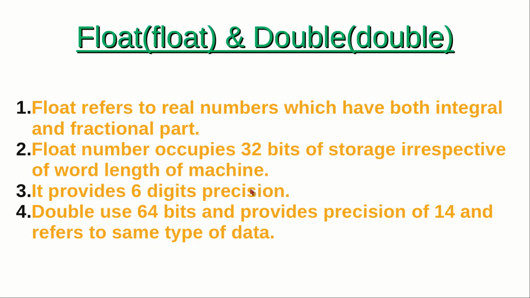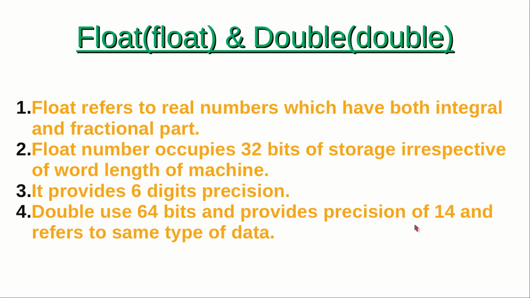Here, precision refers to the number of digits to the right of the decimal point. So 6 digits of precision means that a maximum of 6 digits to the right of the decimal point can be stored. And if the accuracy provided by it is not enough, then the type double can be used. Double uses 64 bits and provides a precision of 14 digits.